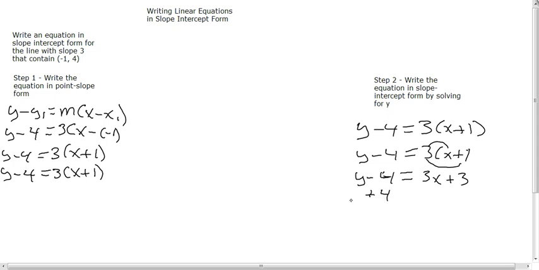So what I want to do is I'm going to make this y minus 4 plus 4 is equal to 3x plus 3 plus 4. Again, I'm adding 4 to both sides.